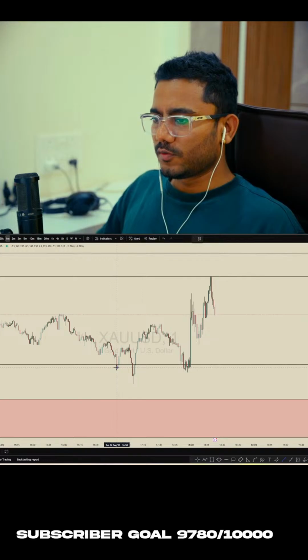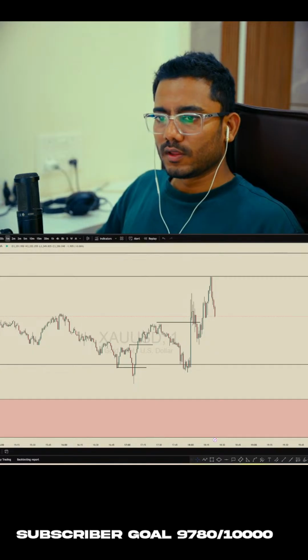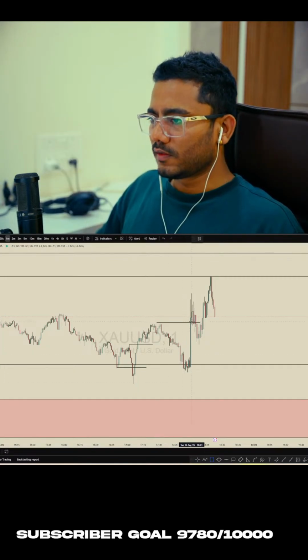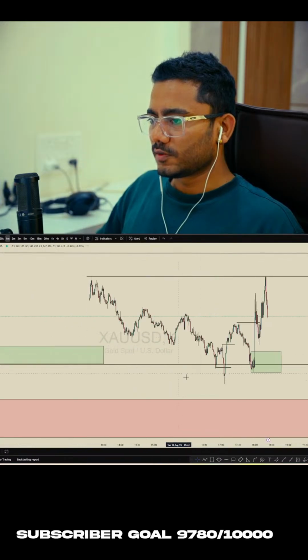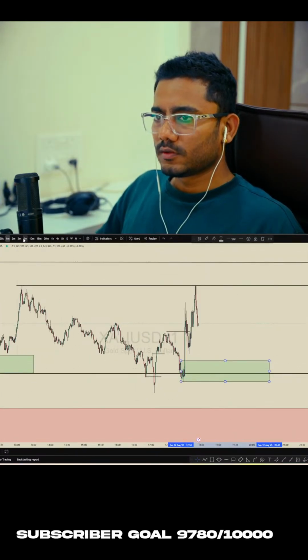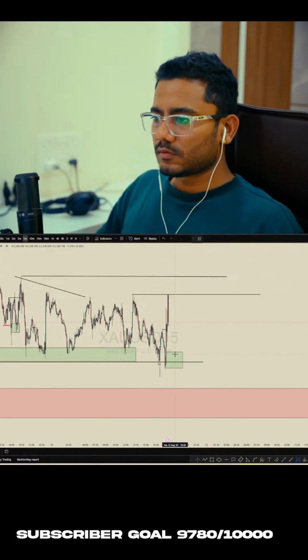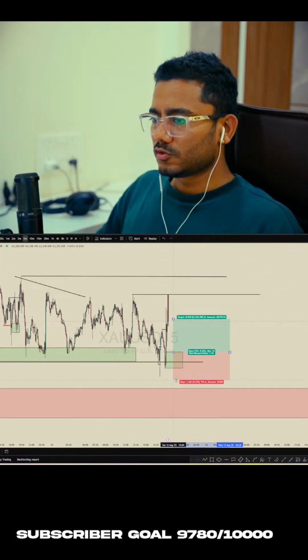Here we can see price swept the liquidity from this previous high, broke the structure, created new higher high, and we have this order block, this imbalance, and we have this order block, which took out the whole structure and mitigated this order block. So stop loss below this low.